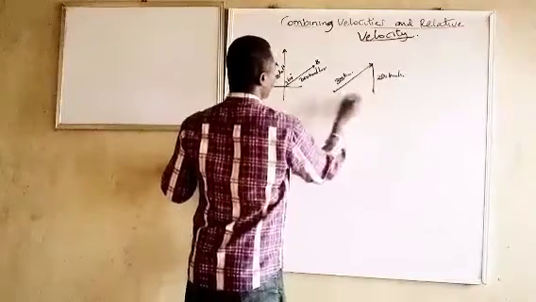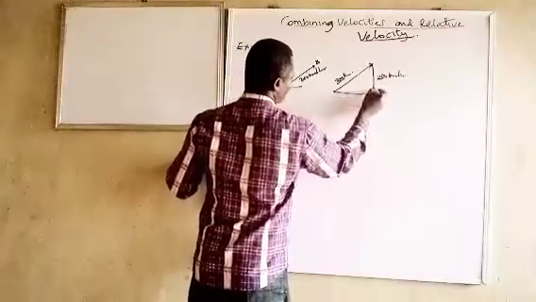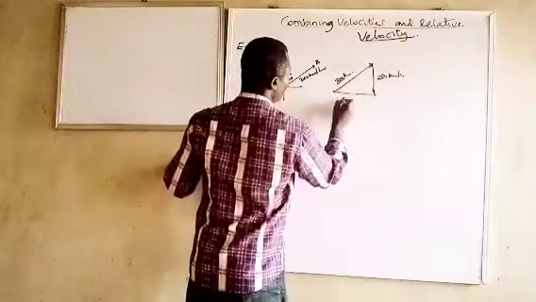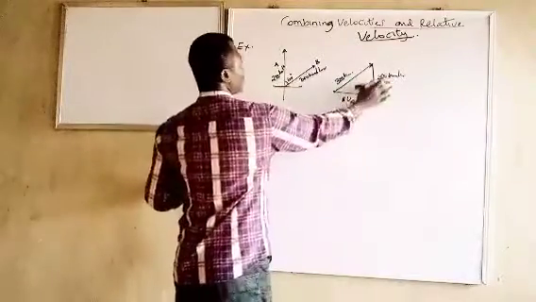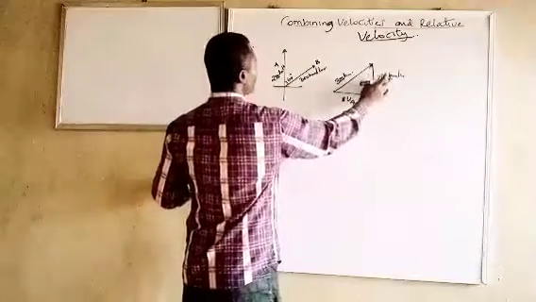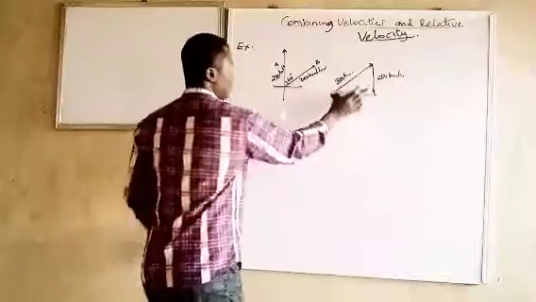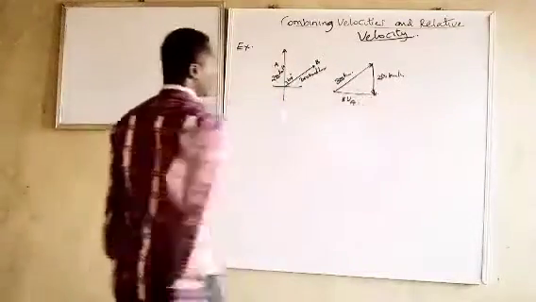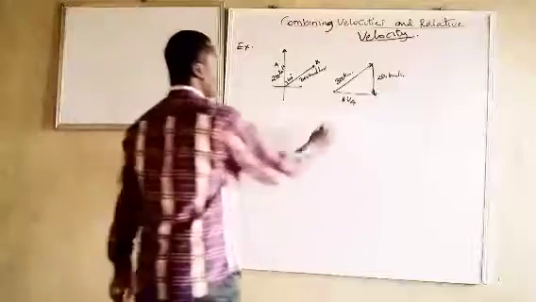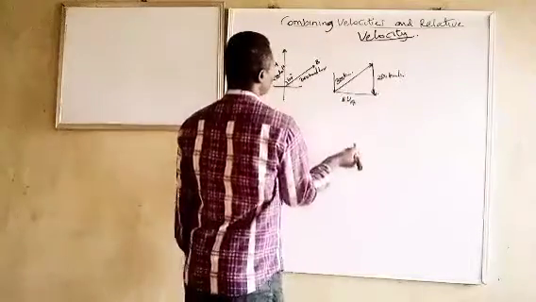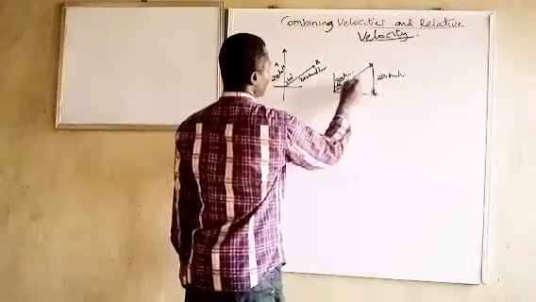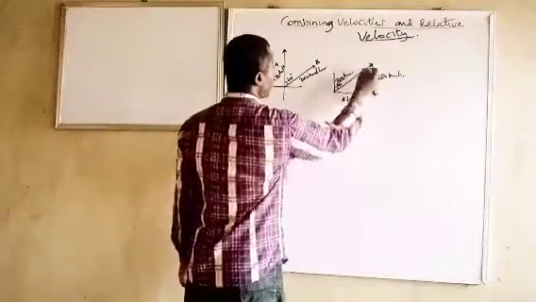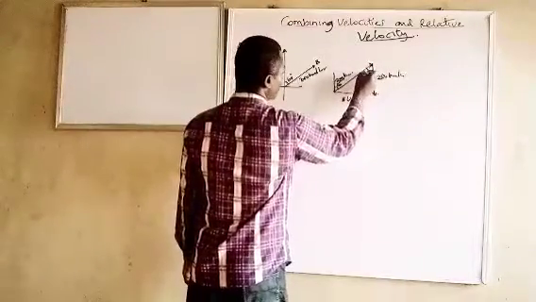So this will now be the difference, the subtraction of this from B. So this will be the resultant, the relative velocity. This was 60 degrees and this one is straight down like this. So if you consider this one, you will see that this angle is 60 degrees as well.